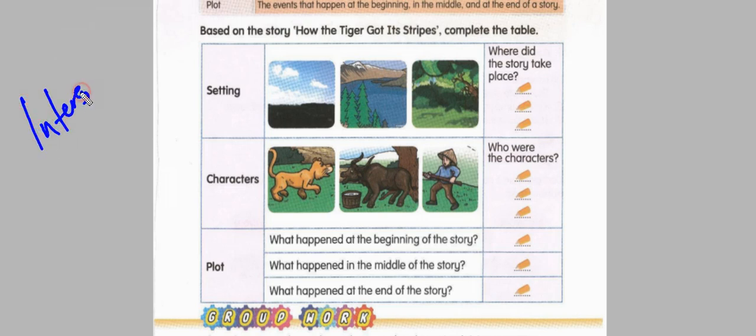Without interesting character, nobody will read your story. How to spell that? Interesting, like that. Interesting character, nobody will read your story.